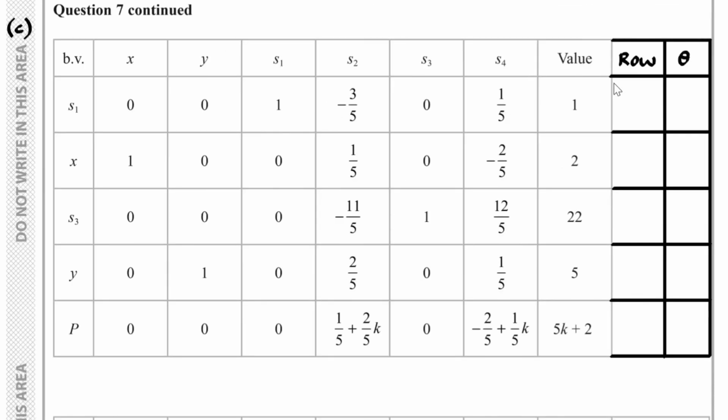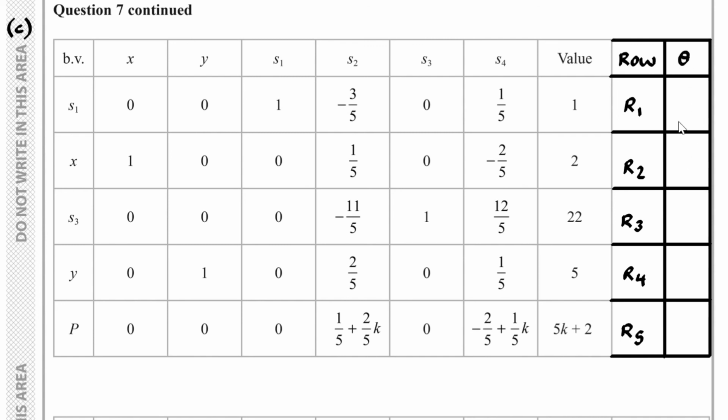So for part C, we've got our table here, and I've added 2 extra columns, the row column and the theta column. Now let's call this first row R1, the second R2, the third R3, the fourth R4, and the fifth R5.